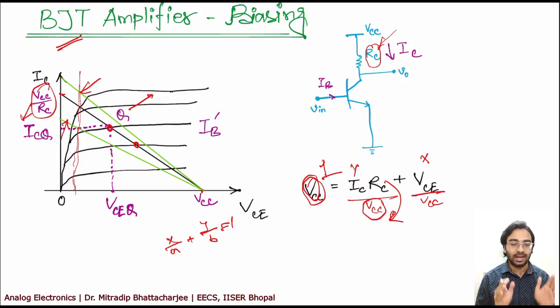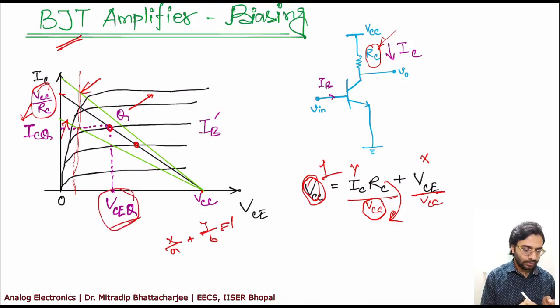It has to be in the active region in any case. Now the easiest way to do this is to always keep your VCQ, that is the voltage of your operating point, more or less half of VCC.